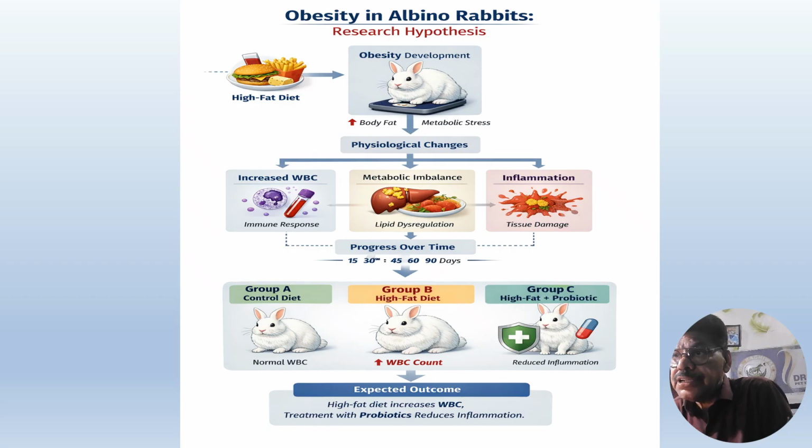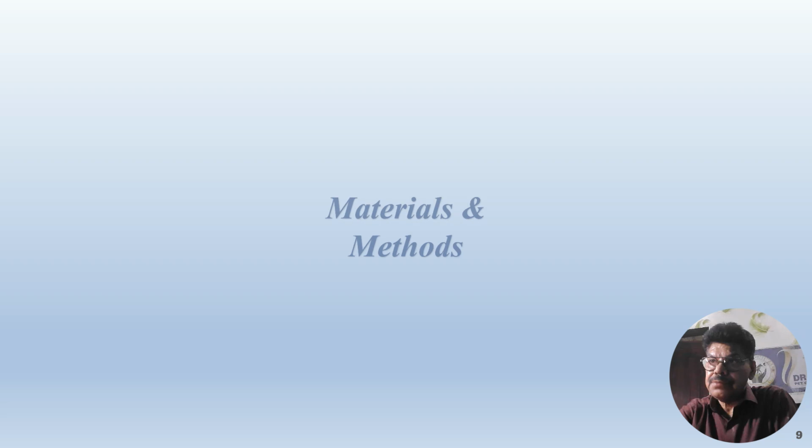So the expected outcome is that the high fat diet increases the WBC, whereas the probiotic treatment may reduce the inflammation. This is our hypothesis: feeding a high fat diet increases obesity, and giving a probiotic with a high fat diet reduces the obesity as well as the damage caused by inflammation.